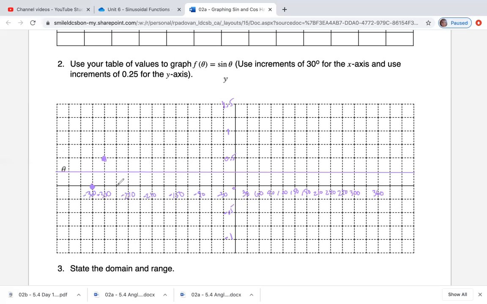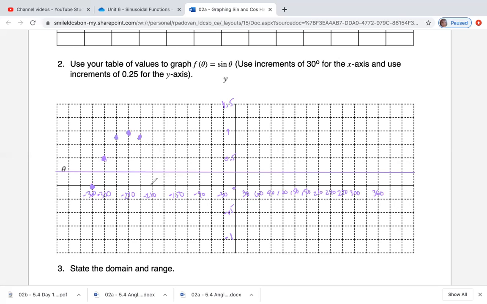So 300 is here and 0.9 will be close to the 1 above 0.75. And then negative 270 and 1. And back to the same place on the other side, negative 240 and 0.9.